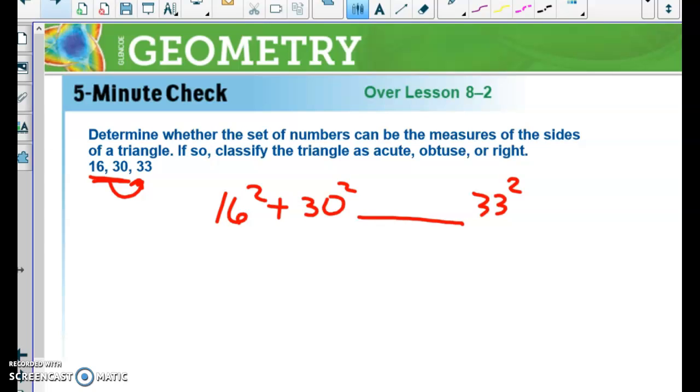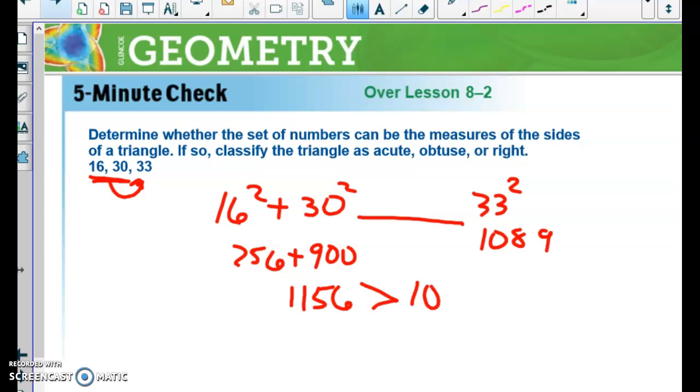So I'm going to take 16 squared is 256, 30 squared is 900, and 33 squared is 1089. And if I add these together, I get 1156, which is greater than 1089.